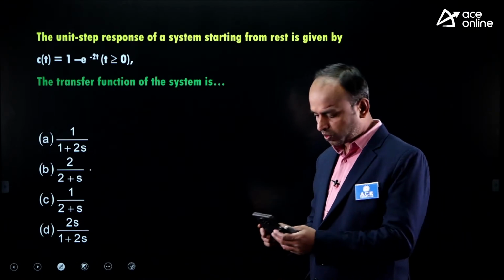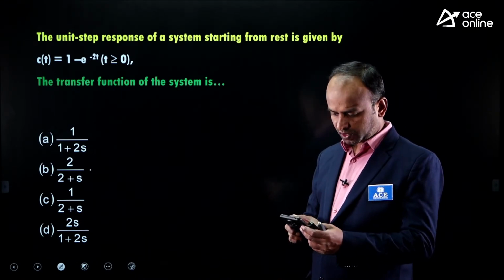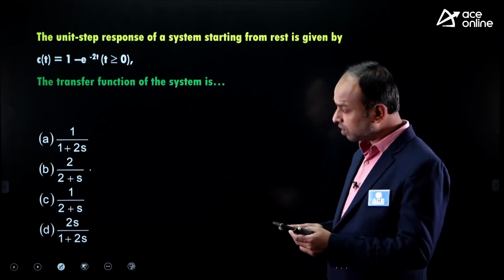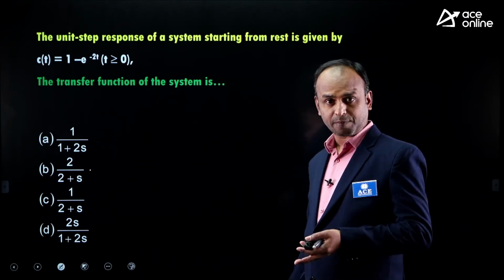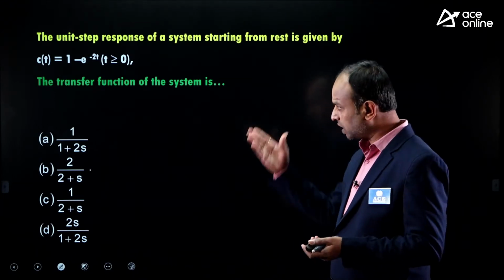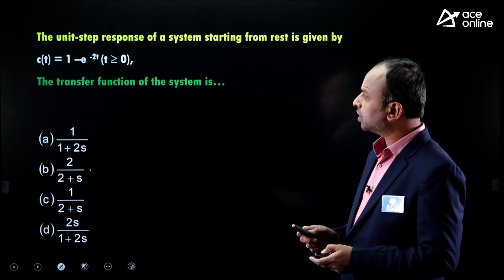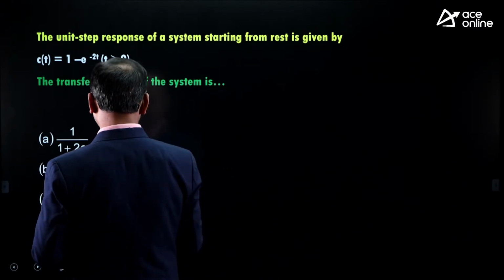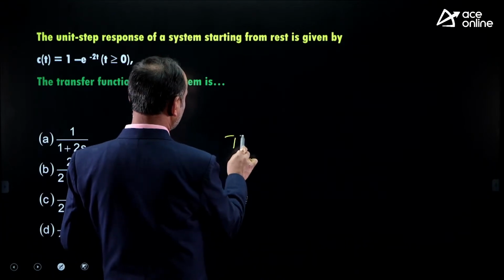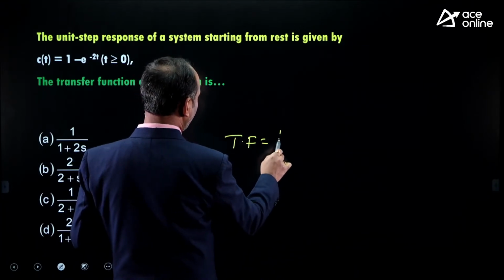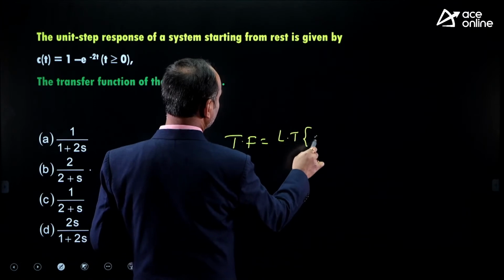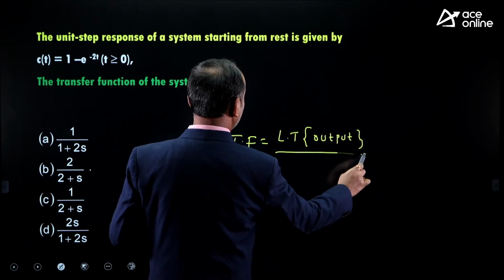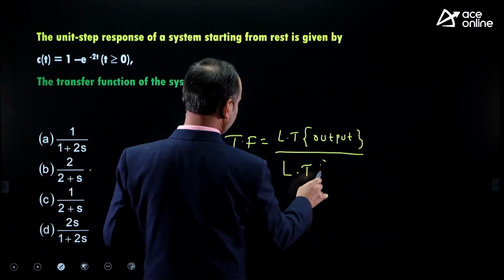One student got the answer: take the Laplace transform of output by the Laplace transform of input, and you will get the answer. Check it. I am writing the formula once again: transfer function equals Laplace transform of output upon Laplace transform of input.